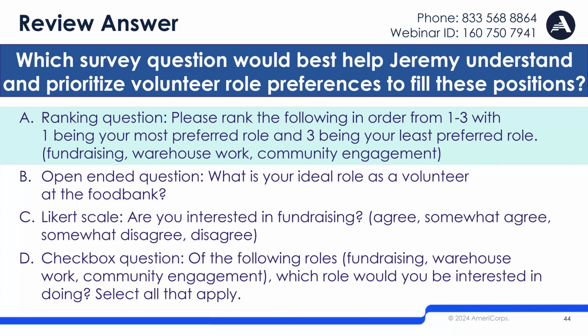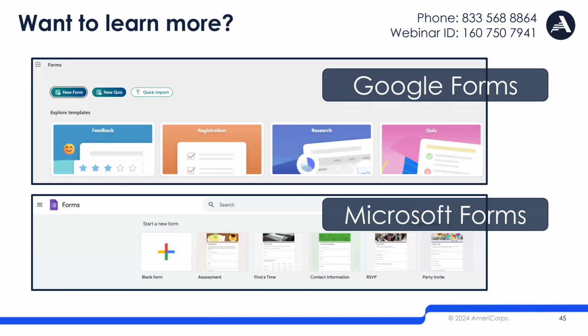Thanks for clarifying, Gina. So thanks everyone. I know we've covered a lot today. Gina has given us quite a bit to chew on, and we also want to empower you to keep moving forward and improving your survey skills, going forward with your Vista service. So here are some tools we recommend you review for further study. On screen, we've shared the home pages for Google Forms and Microsoft Forms that Gina went over, the two tools that you can use to build your own surveys.